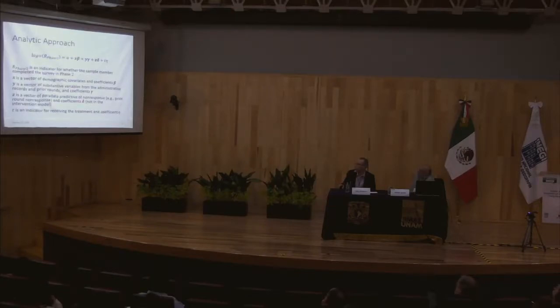So the analytic approach: we had a bias propensity model, and based on those bias propensities, we targeted cases in data collection and offered them the $5 incentive. Once the data were collected, we fit this model again, but then we added the paradata in there as well, and we threw in an indicator for whether the case was in the treatment group.